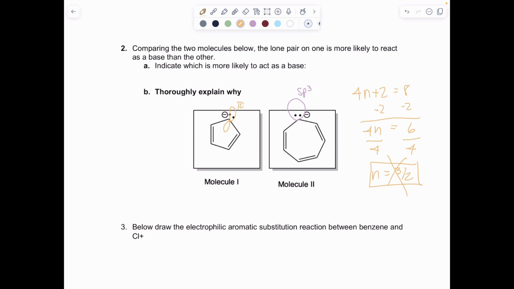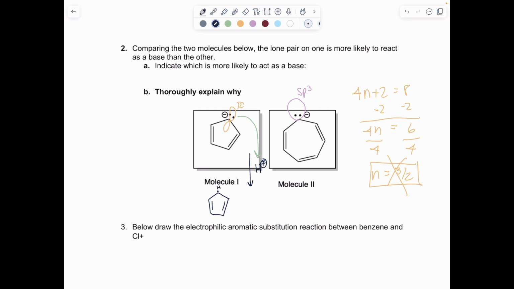Another way to think about these two molecules is to think about their conjugate acids. So if molecule 1 were to act as a base and react with an H+, this lone pair comes in and attacks, the molecule that we would be left with would look like this, with the hydrogen here.